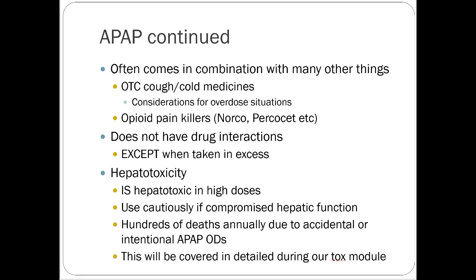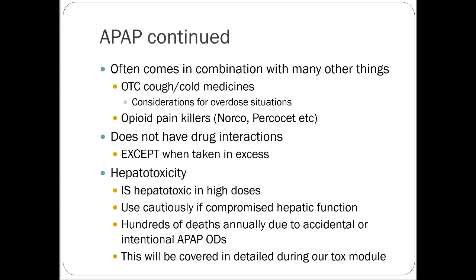So there's usually 2 ways people do this. They overdose on a lot in one day. That's usually more intentional. It's kind of hard to do that accidentally, I think, to take like double the amount, but certainly possible, especially if you're combining combination products. The other thing that is concerning is chronic ingestion. If you're chronically doing 5 to 6 grams a day of Tylenol, that certainly can put you at risk as well.